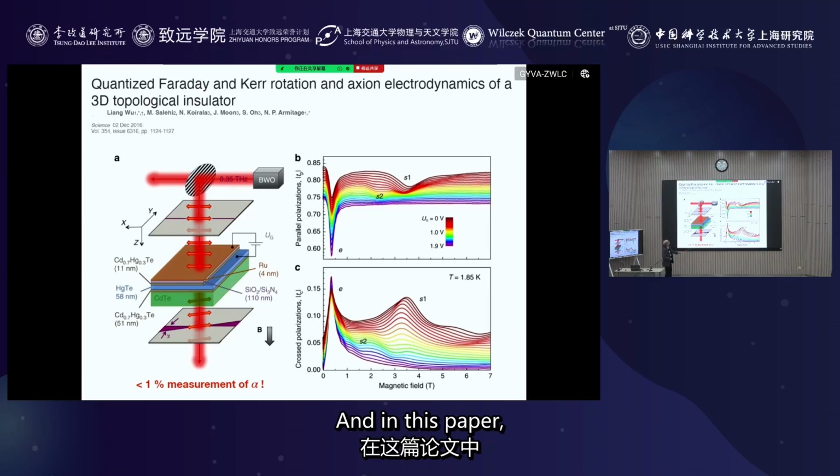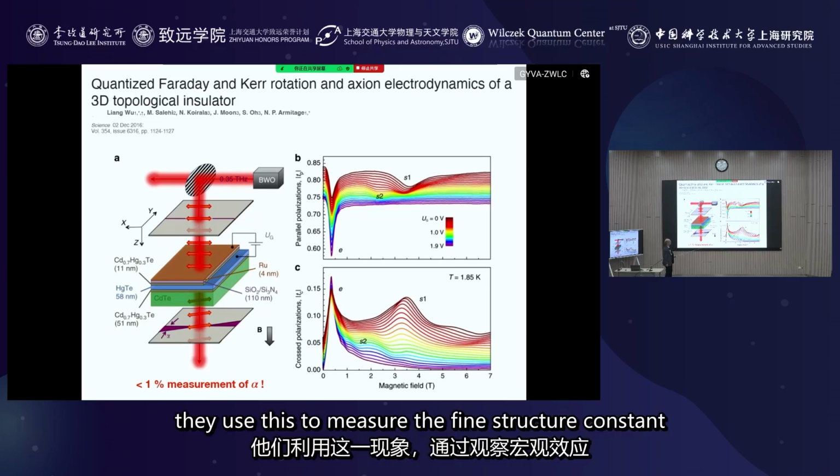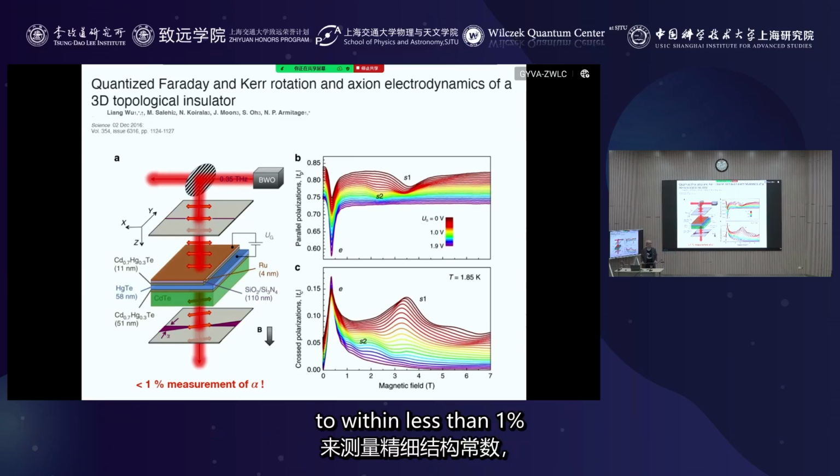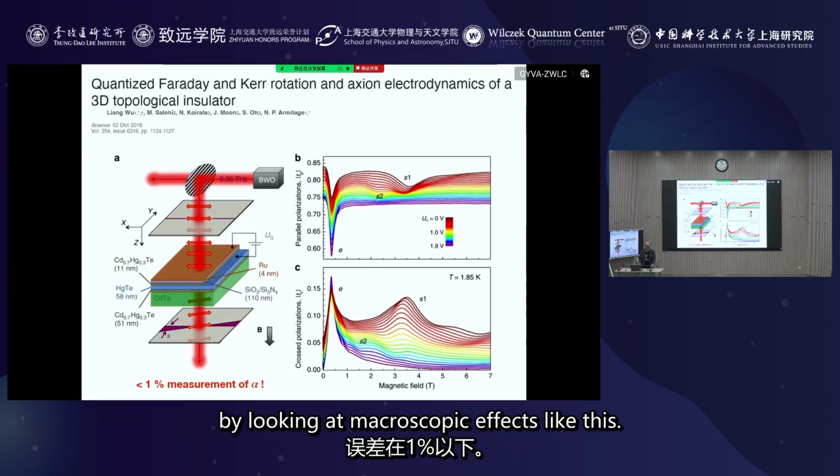And in this paper, they use this to measure the fine structure constant to within less than 1% by looking at macroscopic effects like this.